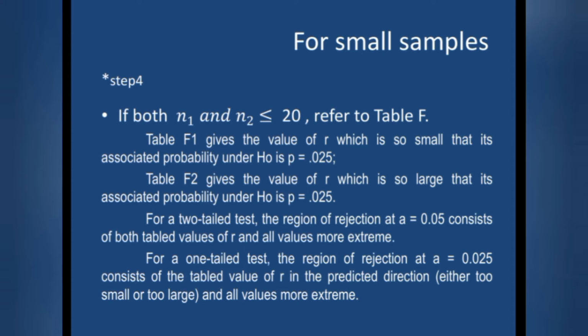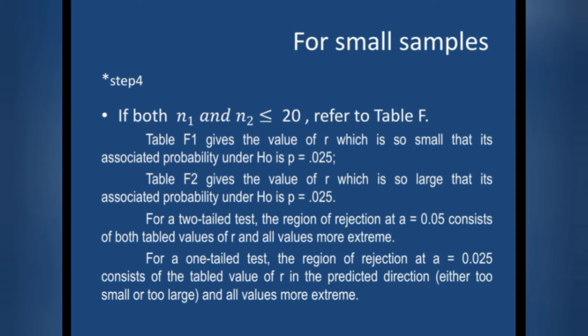Two tables are given, F1 and F2. F1 simply gives the values of R which are so small that the probability associated with their occurrence under the null hypothesis is P equals 0.025. Ito yung sa lower tail ng normal bell curve.